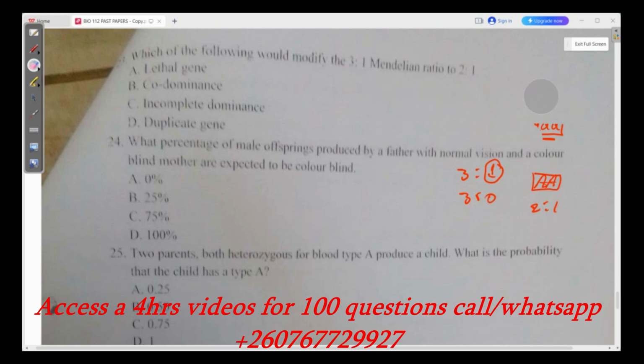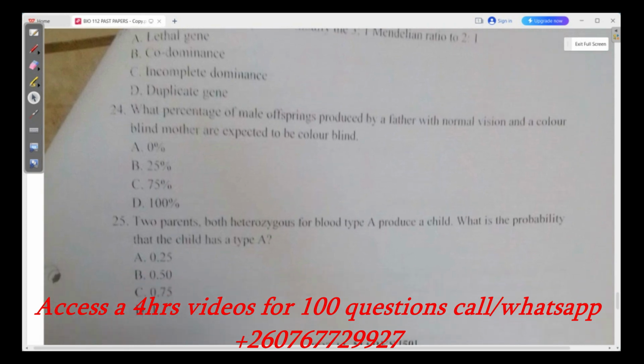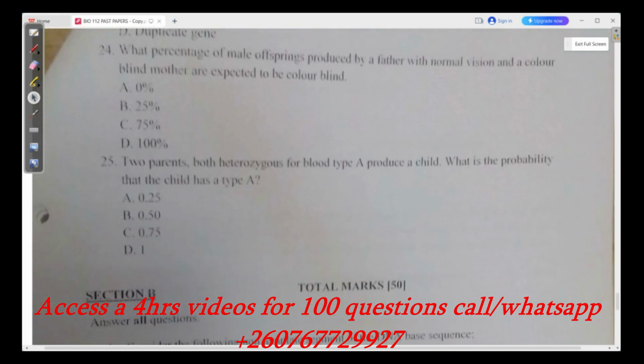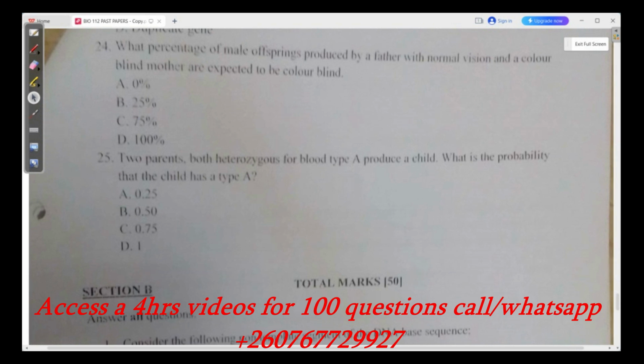One progeny will die. So lethal gene, codominance, no. Incomplete dominance, duplicate gene, no. So it can only be modified in that ratio if you have got a lethal gene.